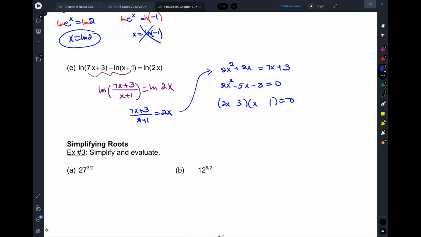But if I do 1 and 3, then it does. So now I get 6x. If I make that a negative, I get negative 6x plus 1x. So x is negative a half, x is 3. Should you check that? Yes, I'm going to leave that up to you guys.